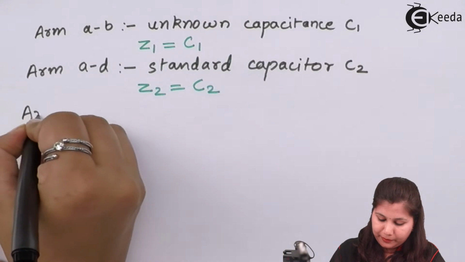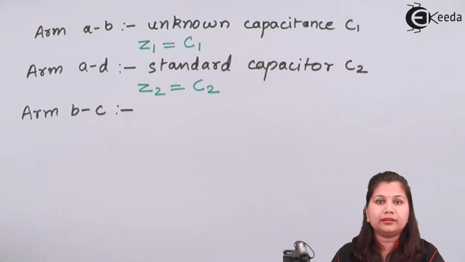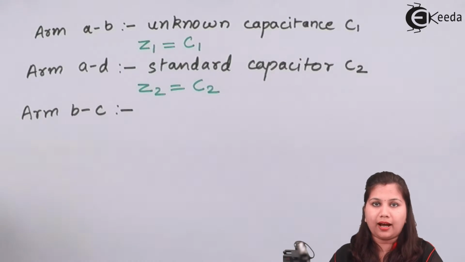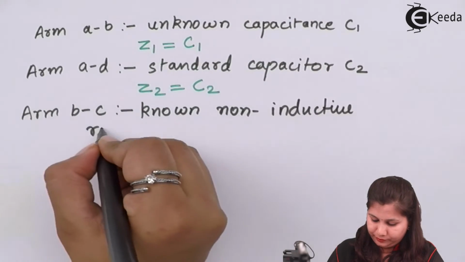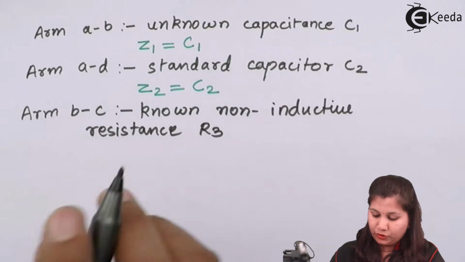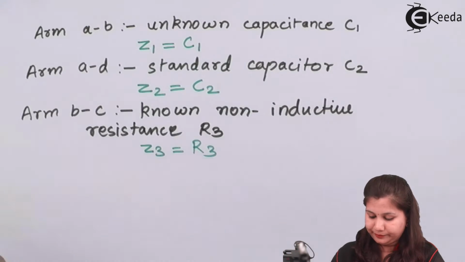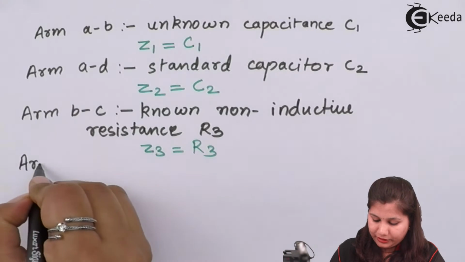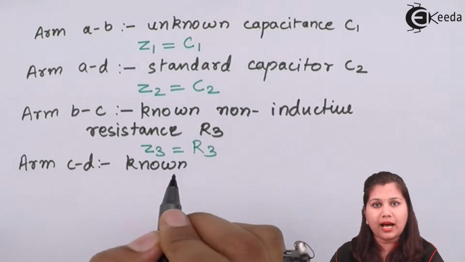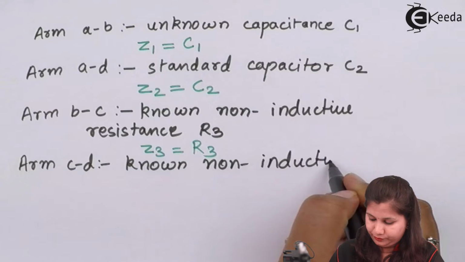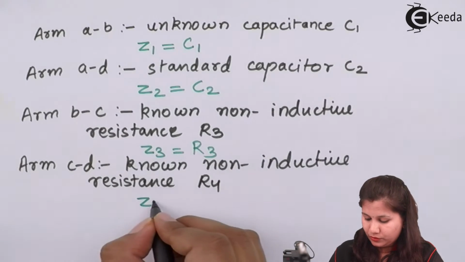Next is our arm BC. Arm BC is a known non-inductive resistance R3, so the value of the impedance Z3 will be equal to this resistance R3. Then we have the arm CD, which is again a known non-inductive resistance R4. So Z4 is equal to R4.